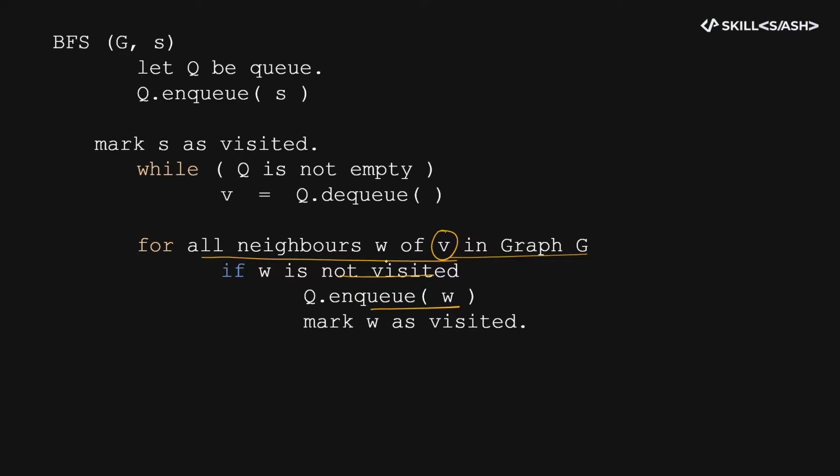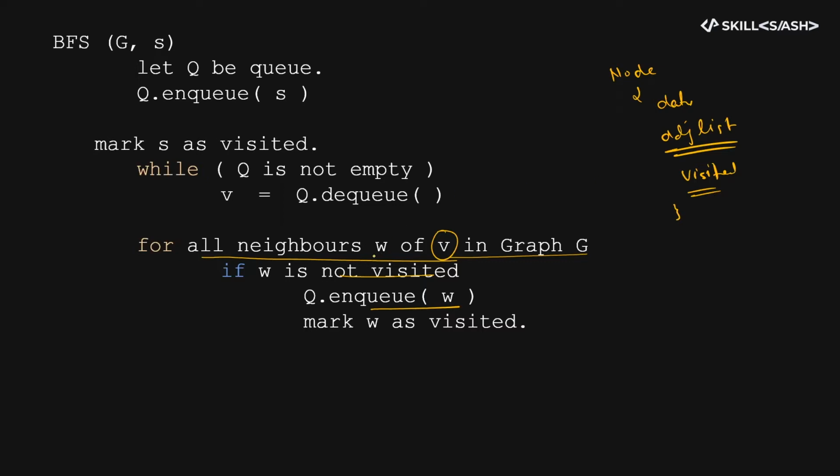As I said, you can have a hash map, or you can have that structure in the node itself. So let's say you have a node in which you have the character data. You have, let's say, an adjacency list, all the nodes which are associated with it. And you have the visited flag as well, whether this node has been visited or not. Such a thing also you can keep.